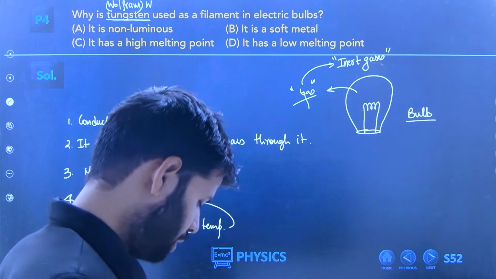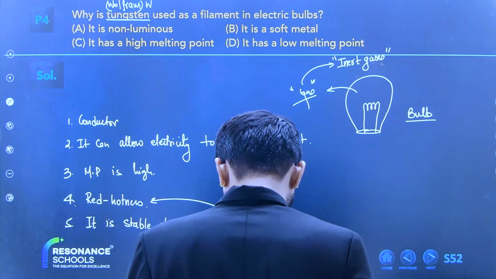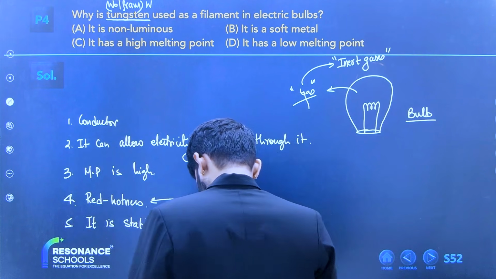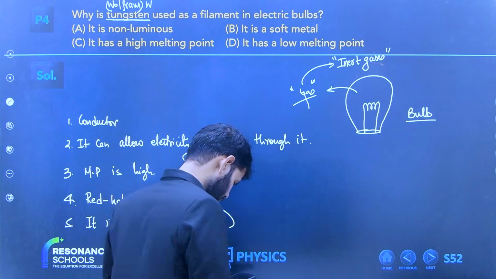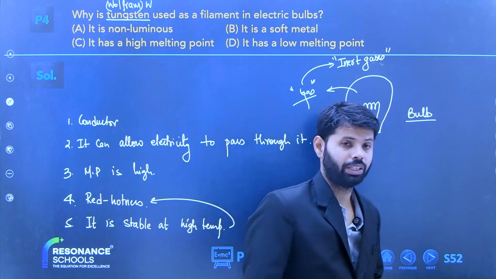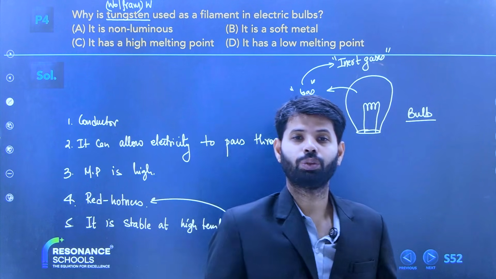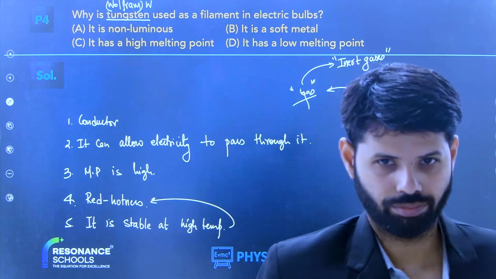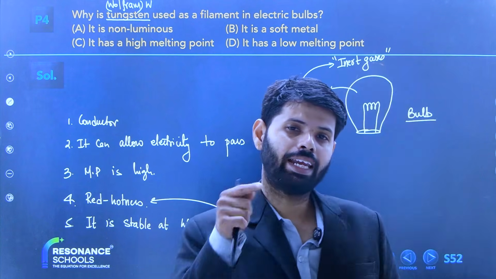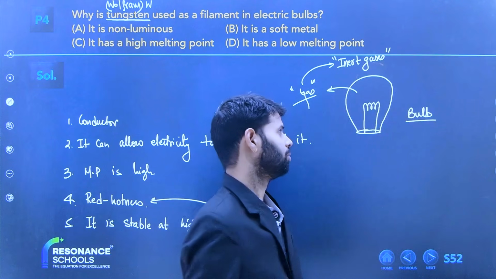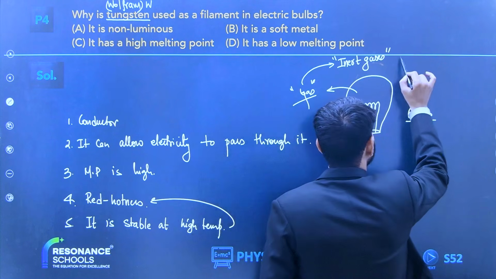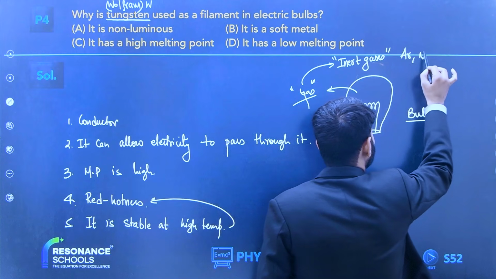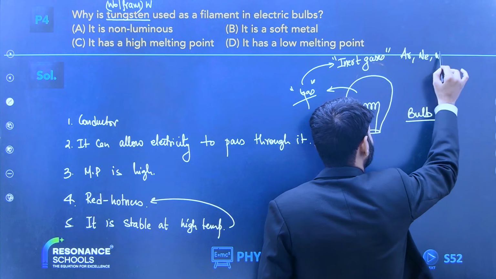Sir, it also releases white pigment which gives the light color. Argon, we don't know, sir. Sir, we have not studied yet. Okay, see, inert gases are those gases which do not react easily. Argon, neon, nitrogen also sometimes.